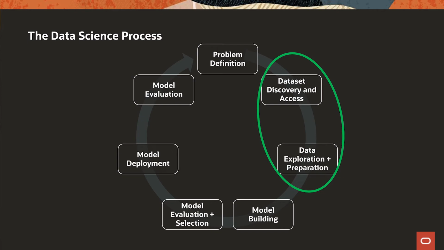So we will want to first identify which data sources in an enterprise are relevant, and then those data sources are consolidated in one single place for our data scientists to access it and to experiment with it. A big part of the data scientist's job is to explore and to massage the data in such a way that it's optimized to do model training.